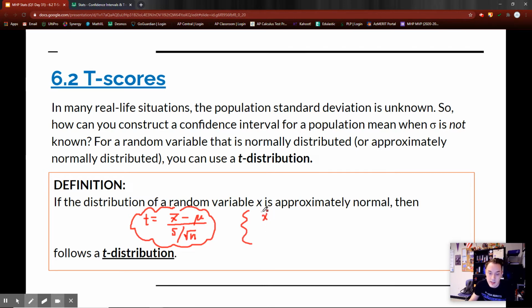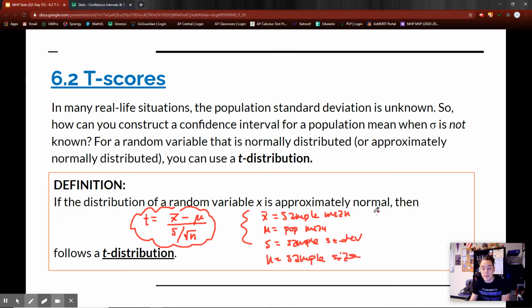This equals my sample mean. Then this will equal my population mean, of course. This equals my sample standard deviation. And my last one, of course, is just my sample size.